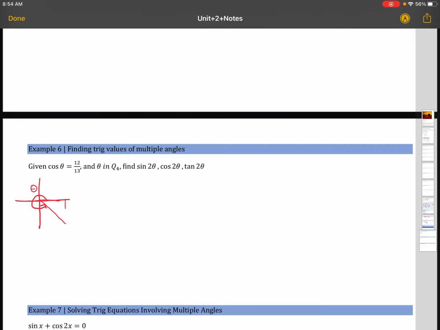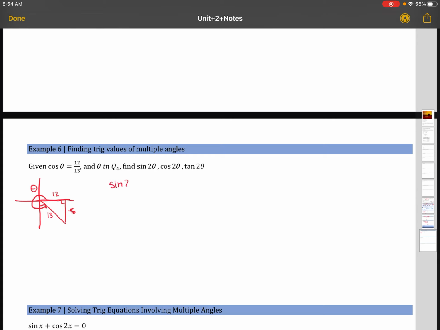And we know the cosine of theta is 12 divided by 13. So that value is 12, the hypotenuse is 13. If we do the Pythagorean theorem, trust me when I tell you we get 5. Well, negative 5, because the value is in quadrant 4. So negative 5.